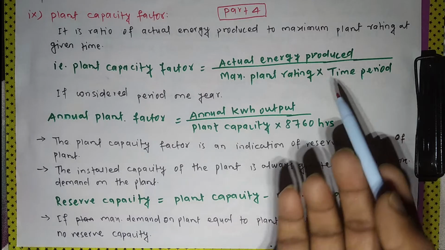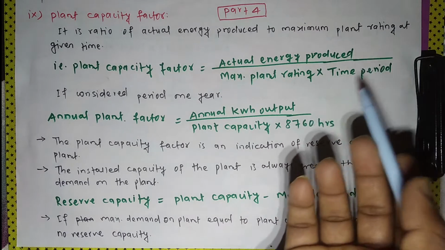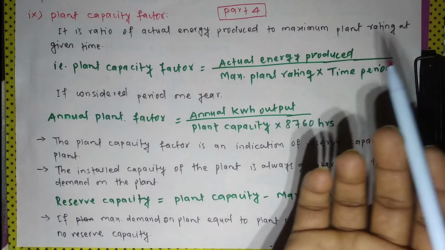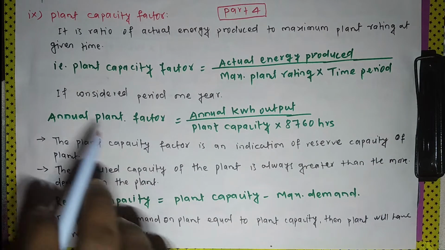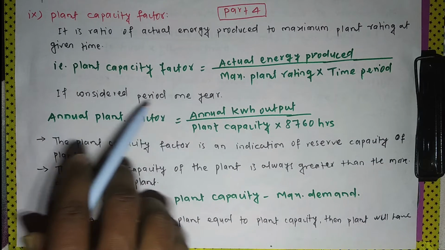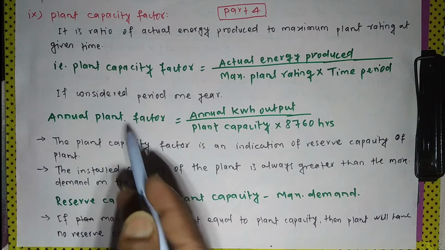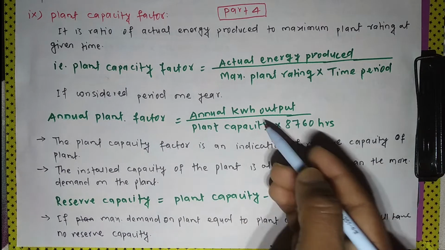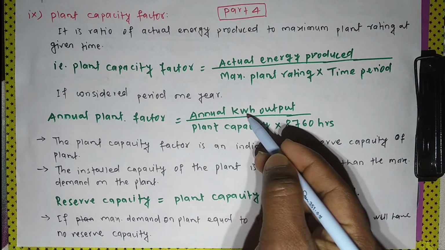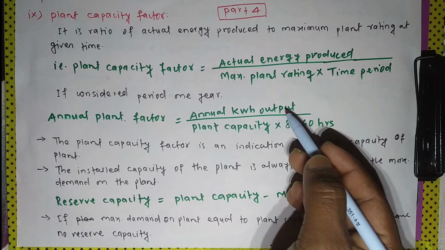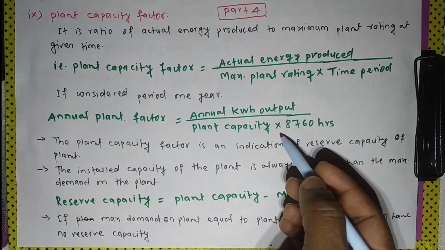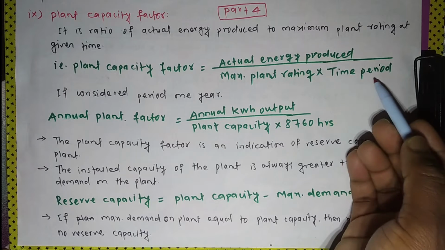The time period may be a year, monthly or weekly. If we consider 1 year, the annual plant factor is given by annual kilowatt hour output of that plant to the plant capacity and time period.